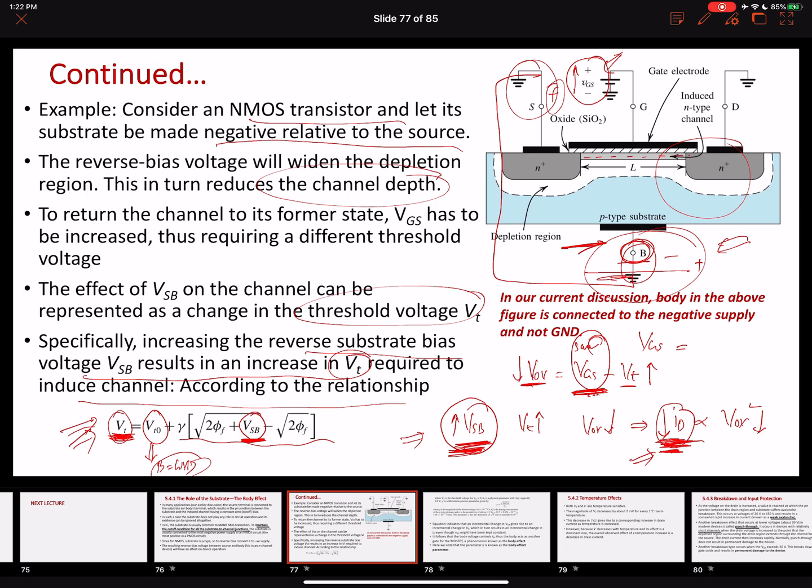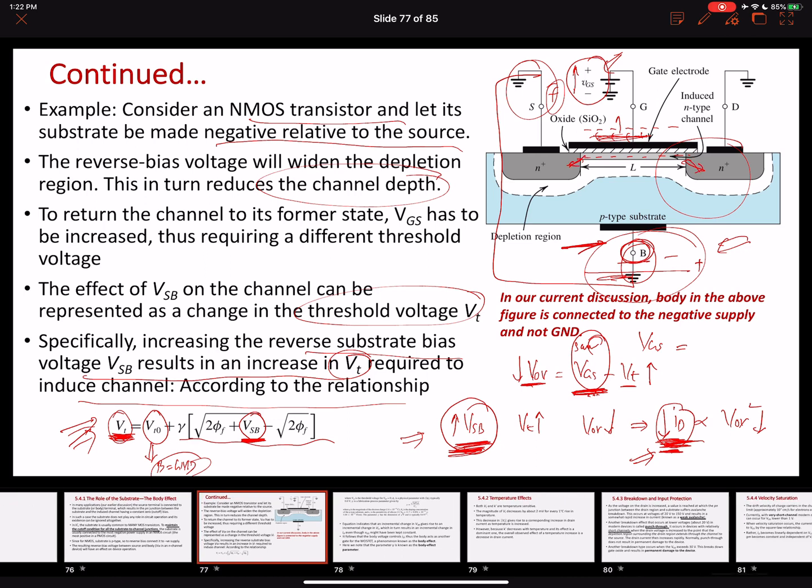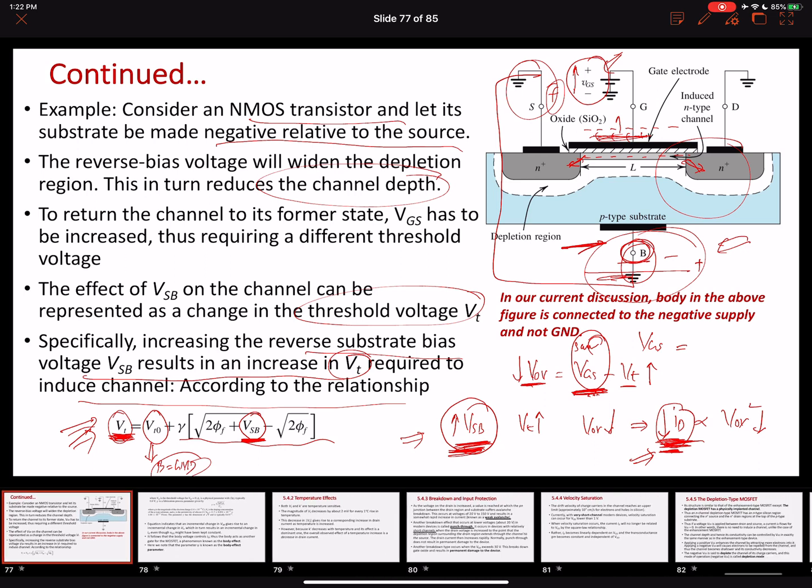If we increase this VGS value, it is going to attract more and more electrons here, so the conductivity is increasing. However, if I start to apply a negative VGS here, these electrons will start to move away, and the conductivity will start to reduce. So it is going to have this opposite effect.